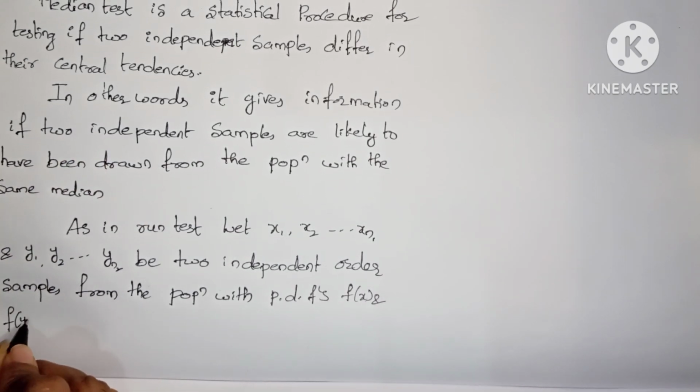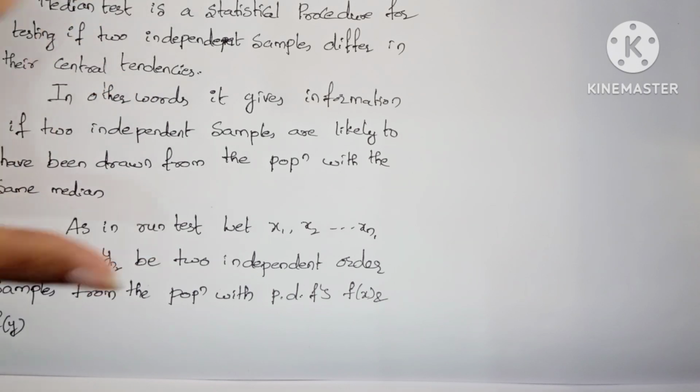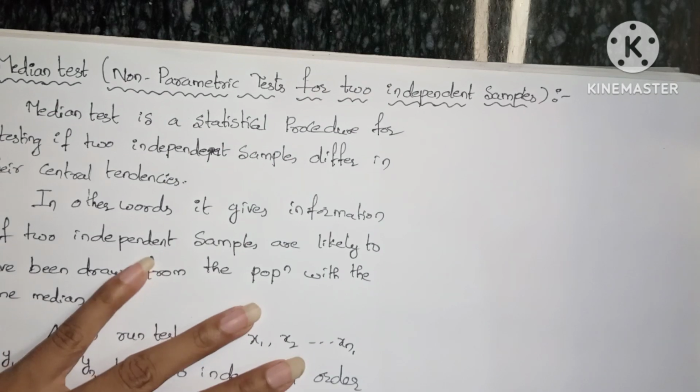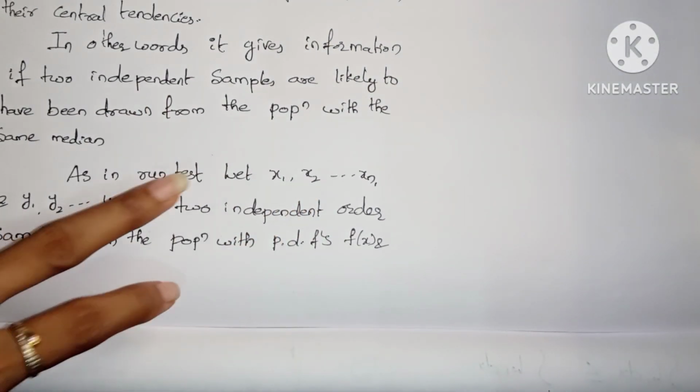That means here we should definitely have two samples, because this method comes under two independent samples. So that's why we have taken two samples here.